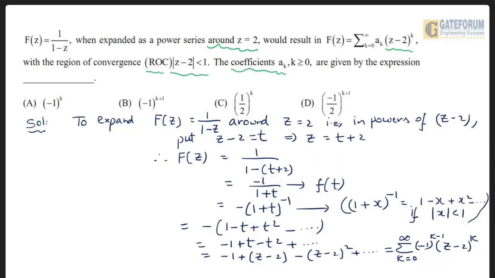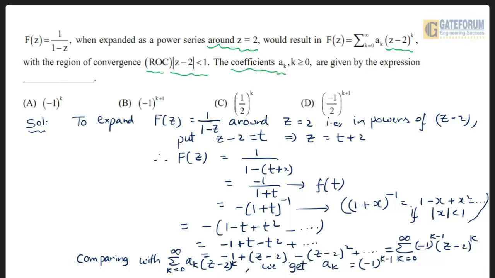So comparing with summation k is equal to 0 to infinity ak into z minus 2 whole power k, we get ak is equal to minus 1 whole to the power k minus 1.